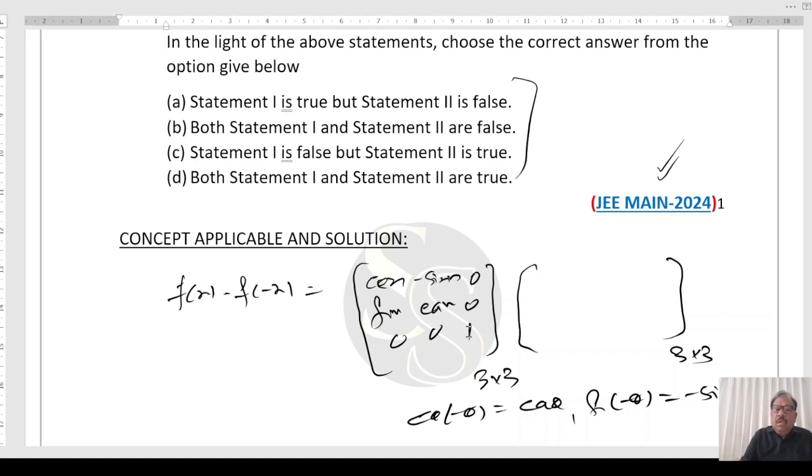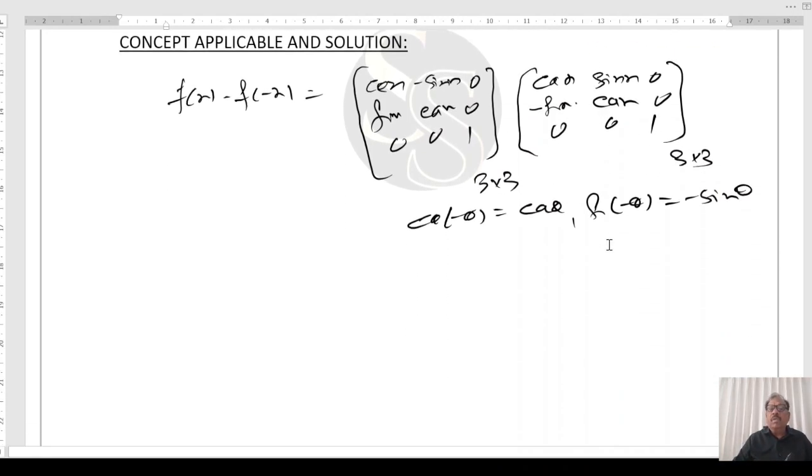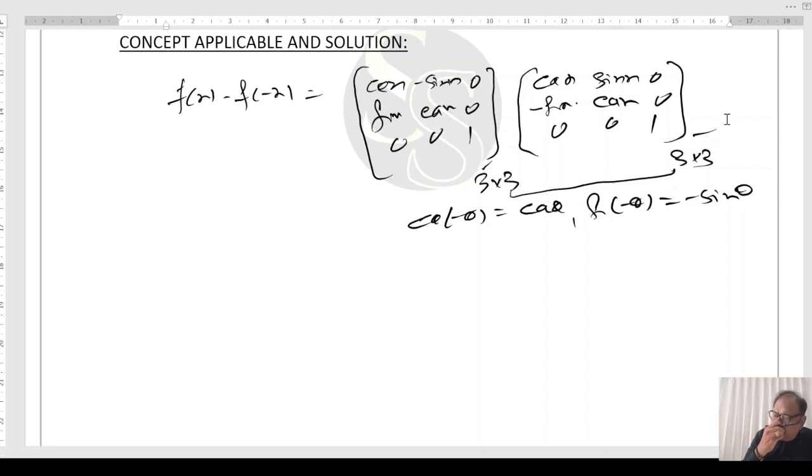For f of minus x, cos of minus theta is cos x, and sin of minus theta is minus sin x, so we get [cos x, sin x, 0; minus sin x, cos x, 0; 0, 0, 1]. Now, for matrix multiplication the essential condition is that the columns of the first should equal the rows of the second. This is a square matrix, so the final order will be the same.